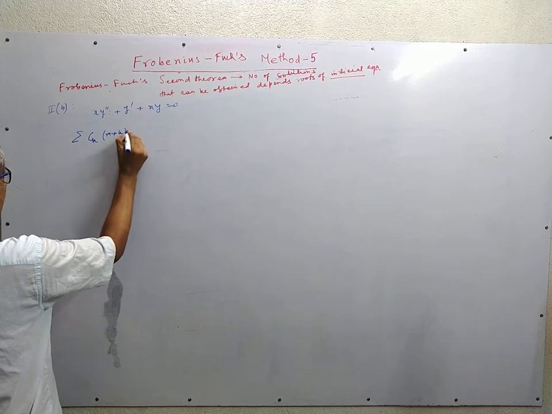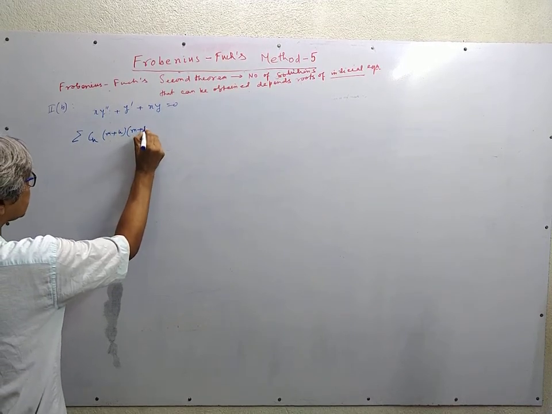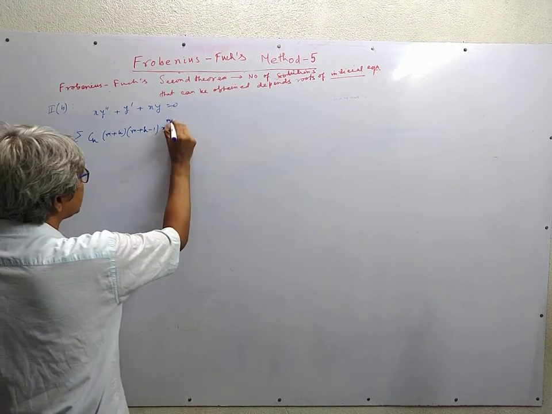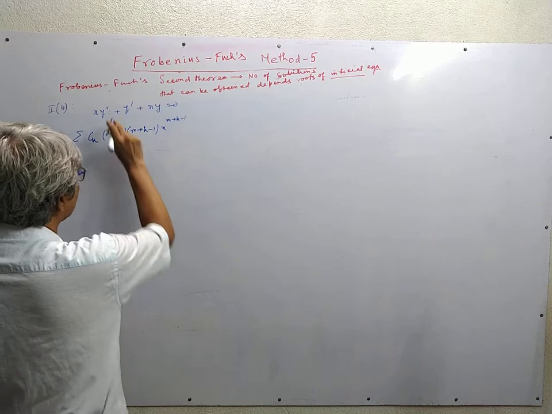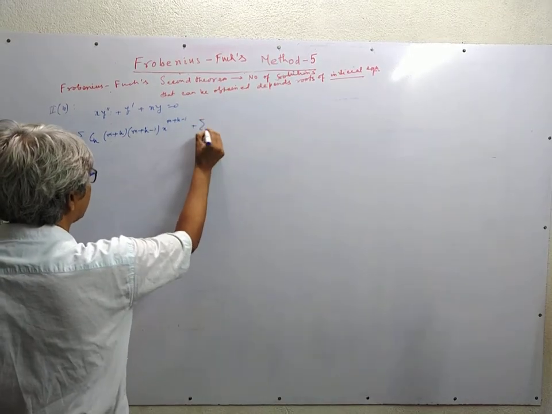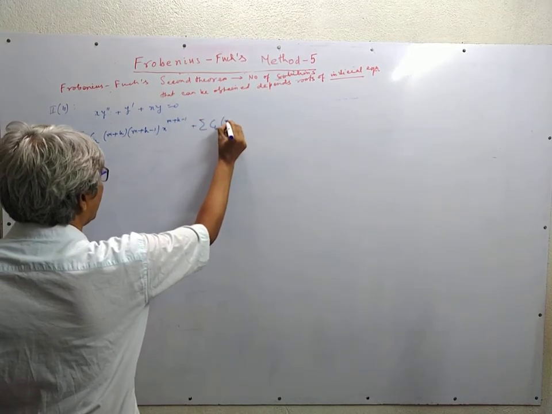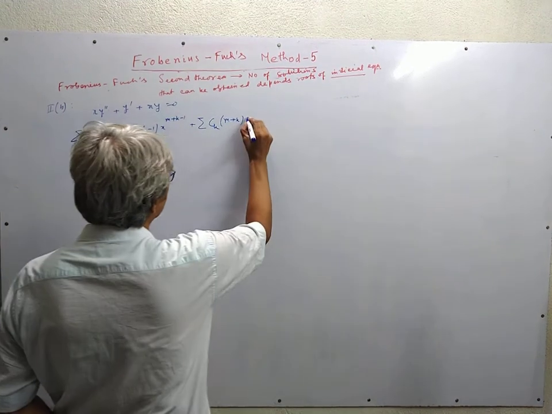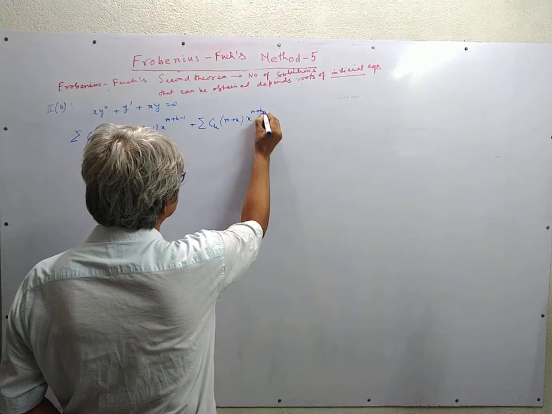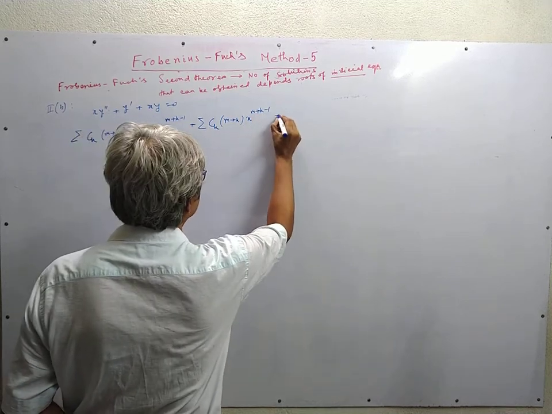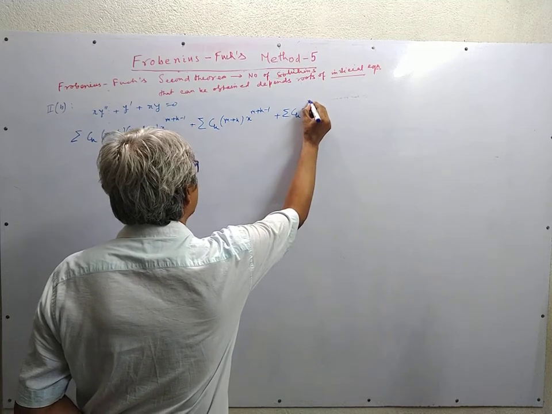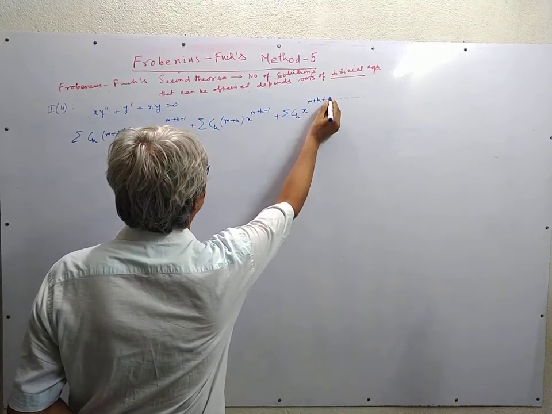x to the power m plus k. When we differentiate twice, this is m plus k minus 1. From the second term we have ck m plus k x to the power m plus k minus 1, and for this term we will have ck x to the power m plus k plus 1.